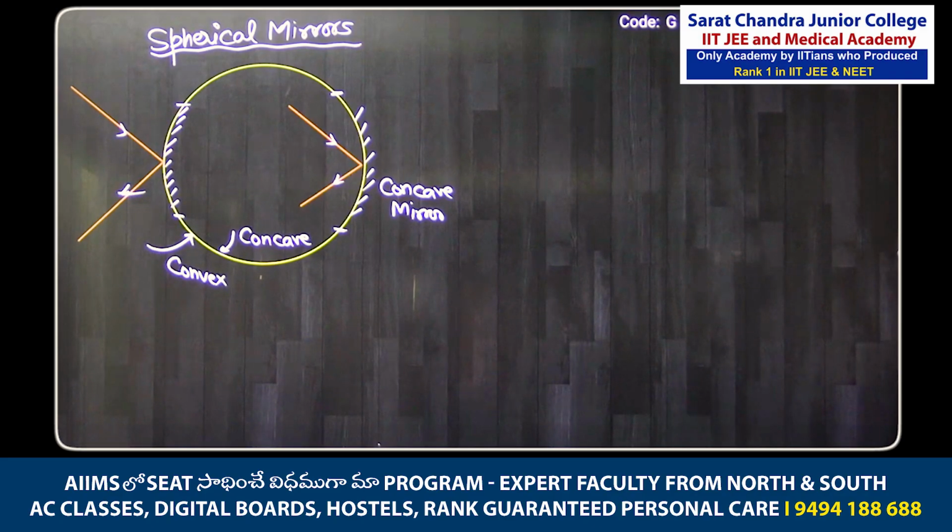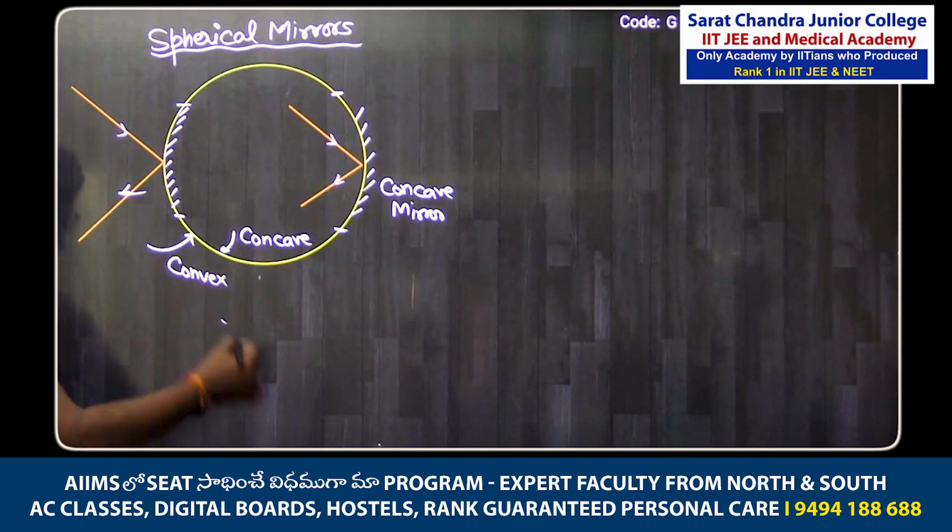The spherical mirror is some part of the sphere. If the convex side is polished and the concave side is reflecting, it is a concave mirror. If the concave side is polished and the convex side is reflecting, then it is a convex mirror.